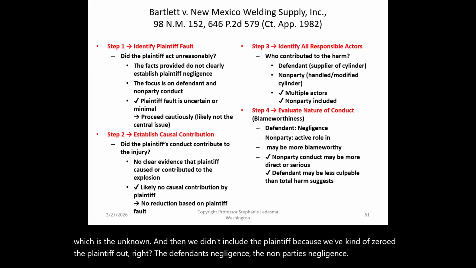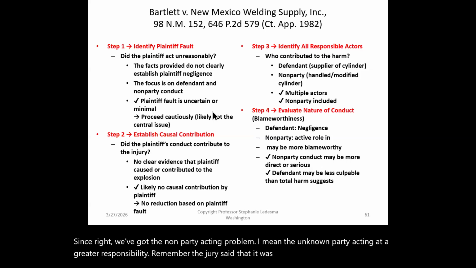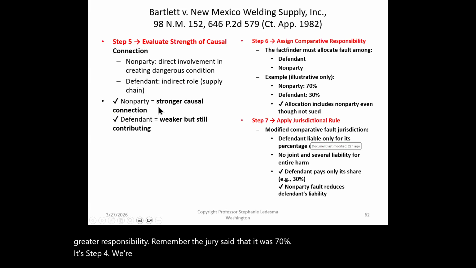We've got the unknown party acting at a greater responsibility. Remember, the jury said that it was 70%. Step 4, we're going to evaluate. Step 5, we've got the non-party stronger. Step 6, right, we're going to assign the comparative responsibility.